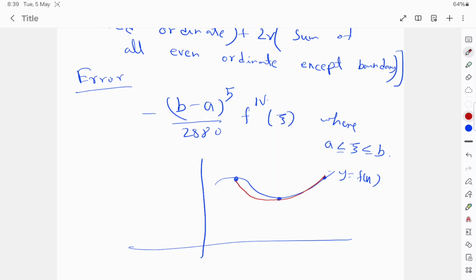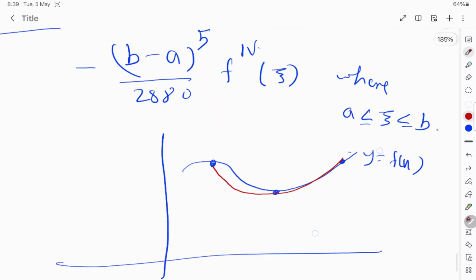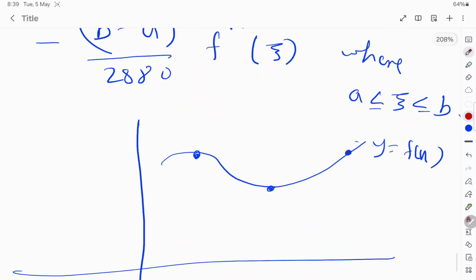In trapezoidal you have seen there is a straight line.